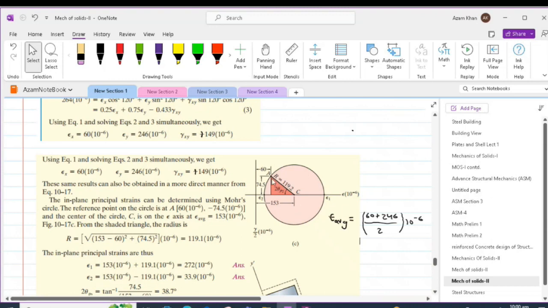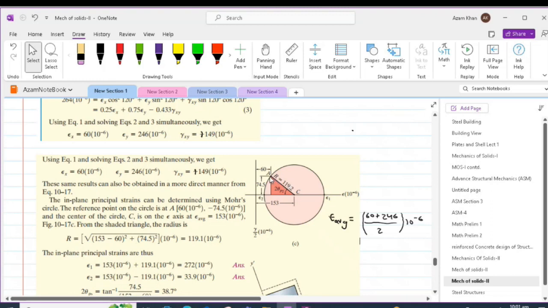Now, our reference strain state is at A, which has epsilon x equal to 60, gamma xy equal to 149, remembering that the ordinate in the strain Mohr circle represents gamma by 2.